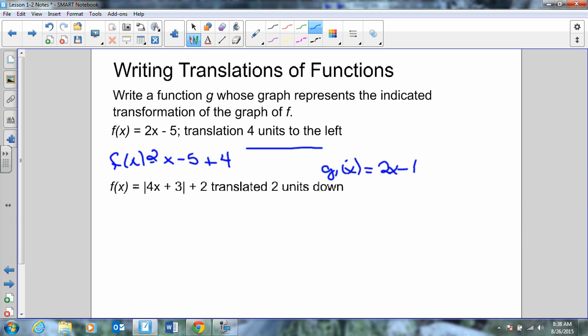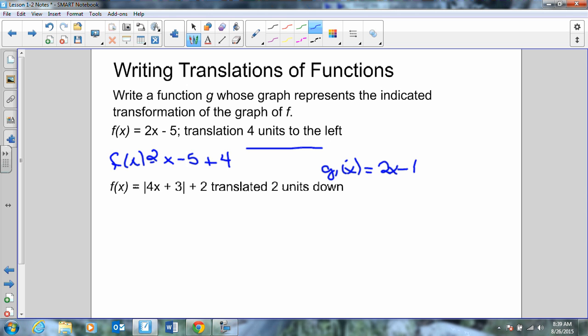But what we're asking you to do now is translate it 2 units down. Did anybody draw that today, or tell us what the original one would look like? You know what the 4 in front of the x is going to do?